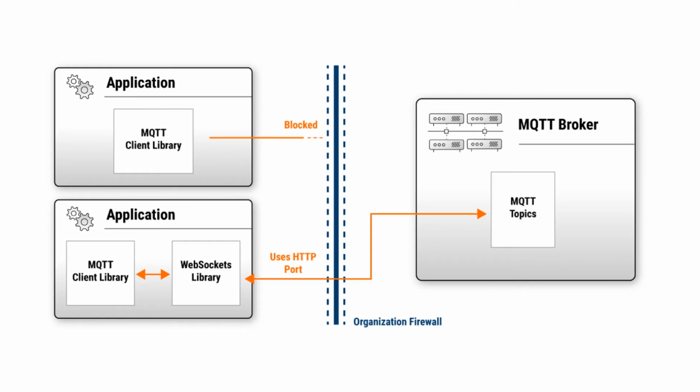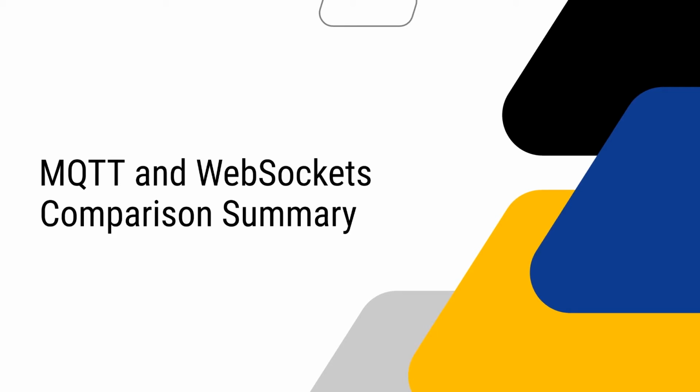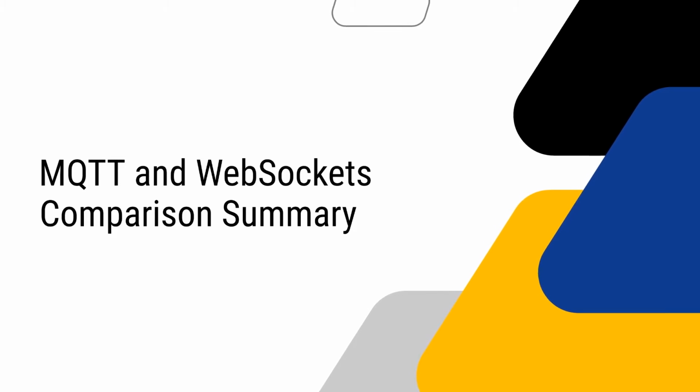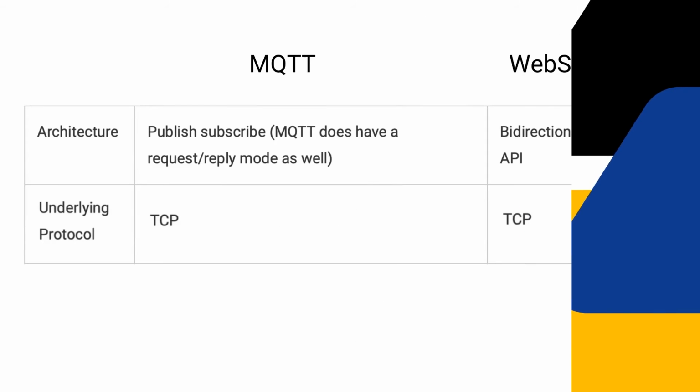The WebSocket protocol solves this problem by allowing MQTT communications to use the already existing HTTP facilities, TCP port 80, firewalls, proxies, and so on. For this reason, many MQTT client libraries which do not run in web browsers also support WebSockets, such as the Eclipse Paho C client. Now let's compare MQTT versus WebSockets.